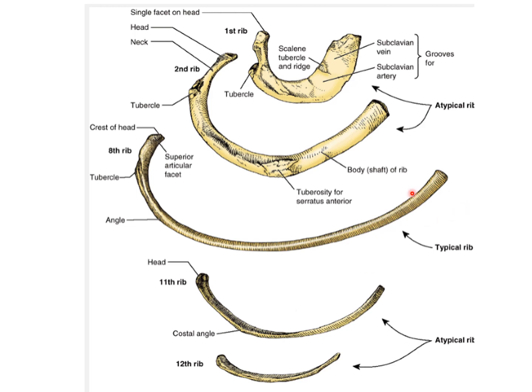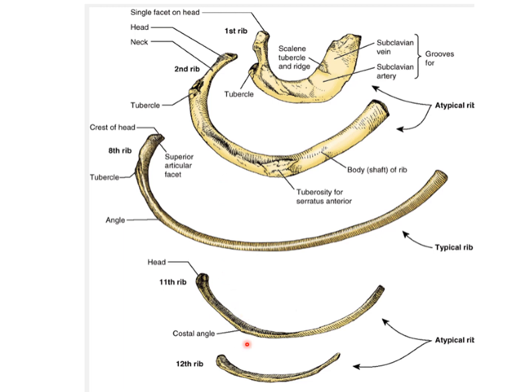This is rib 1, and it is atypical because it only consists of a head and a tubercle, and this is a shaft, but there is no subcostal groove, and it is missing some other features. This is the second rib, also atypical.